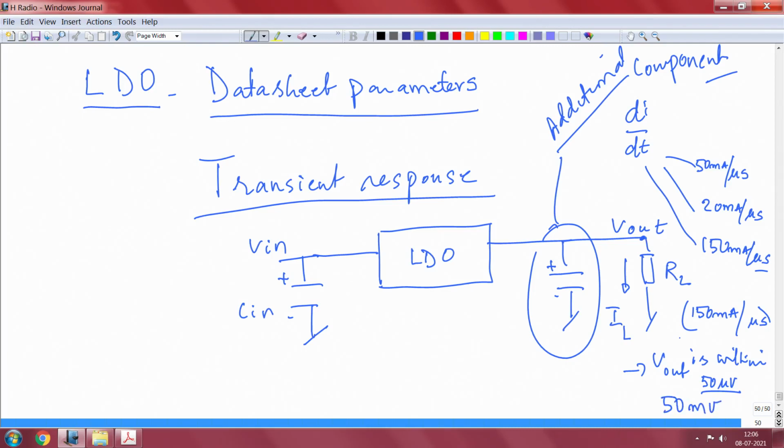So the lower the better, right. If you get 50 microvolt, maybe it is magic, you may not get that. More practically it will be about 50 millivolts. So do look out for 10 millivolt, 20 millivolt, 30 millivolt and so on for these transient load currents, that is important. So typically 150 milliampere per microsecond gives a number like 50 millivolts at the output.